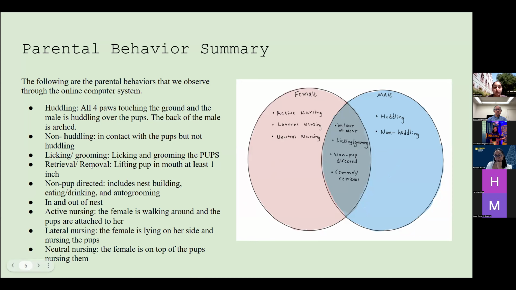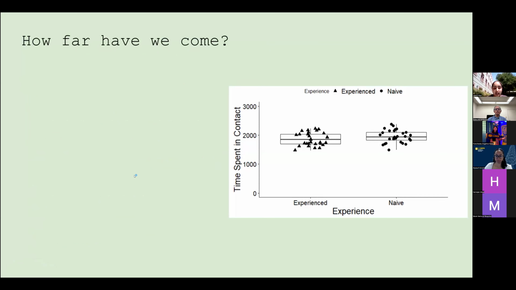And then retrieval and removal, so carrying the pup at least 1 inch above the ground. And then non-pup directed behavior is anything that includes nest building, eating or drinking, or auto grooming. We also have a function where we observe if they're going in the nest or out of the nest. So how far have we come?